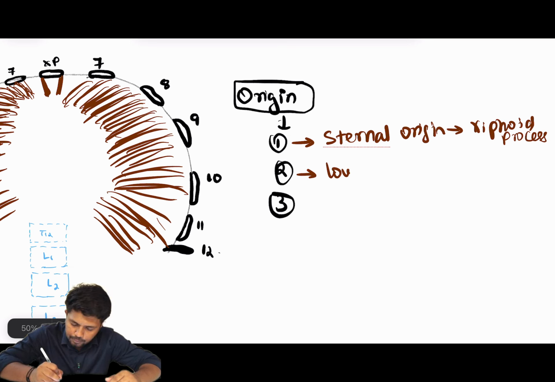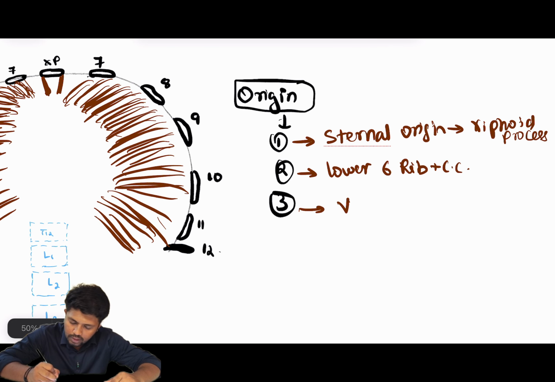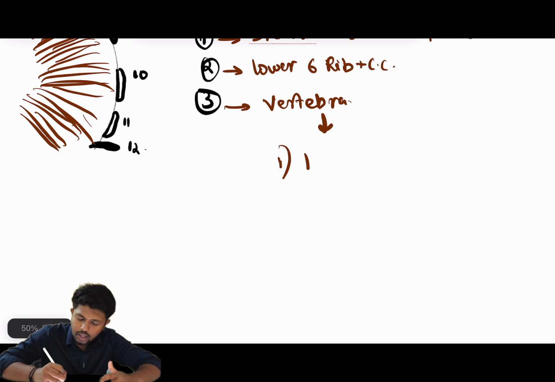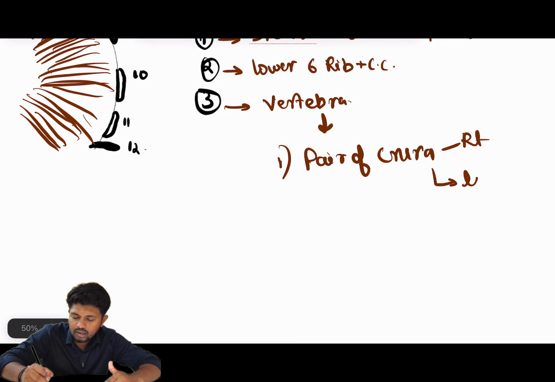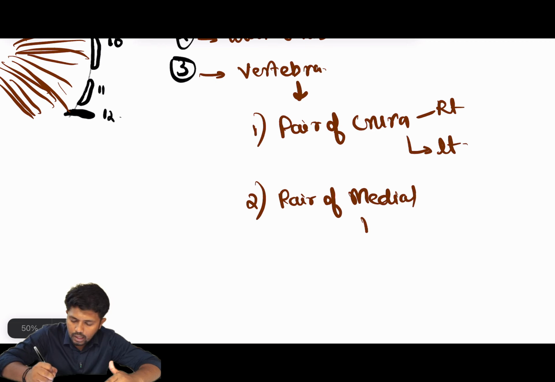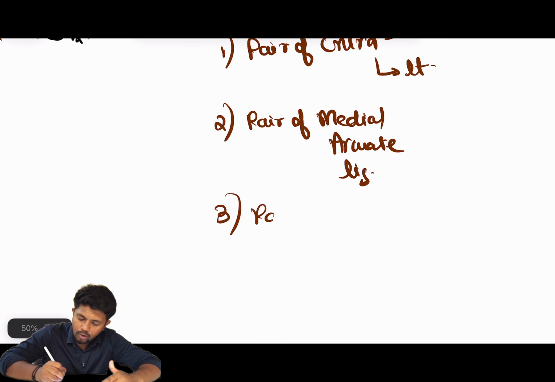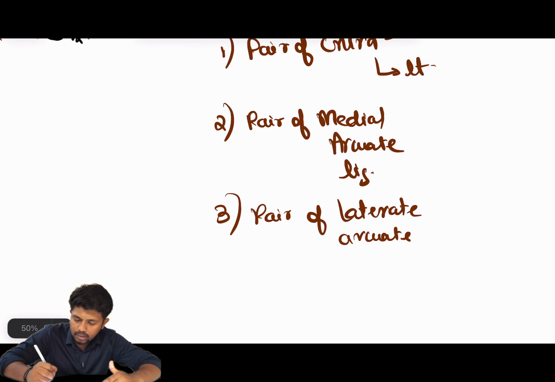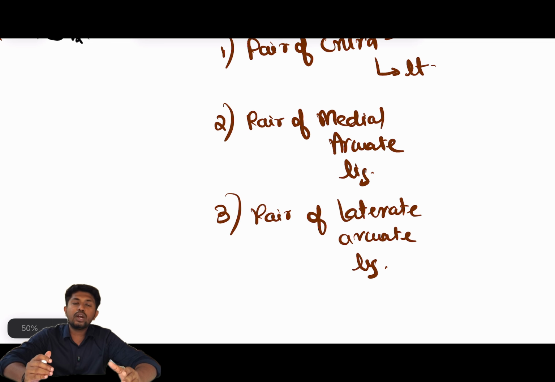Then the lower six ribs plus the costal cartilages give origin to the diaphragm. Now the third, the vertebral origin: a pair of crura, that is the right and left crus of the diaphragm, a pair of medial arcuate ligaments and a pair of lateral arcuate ligaments. All these give origin from the vertebrae to form the diaphragm.